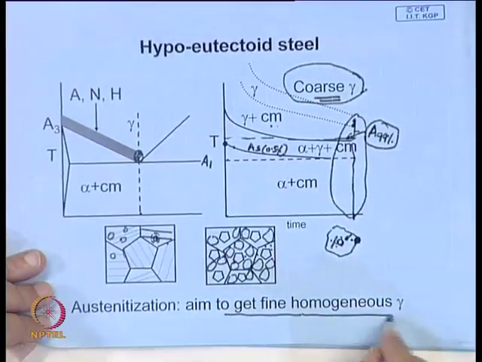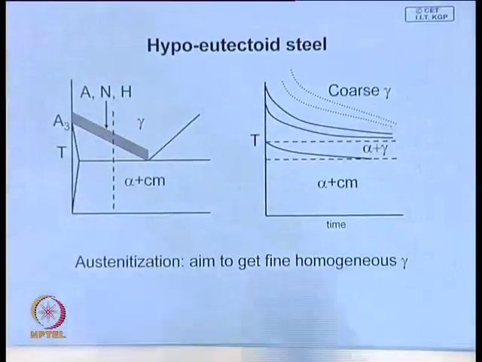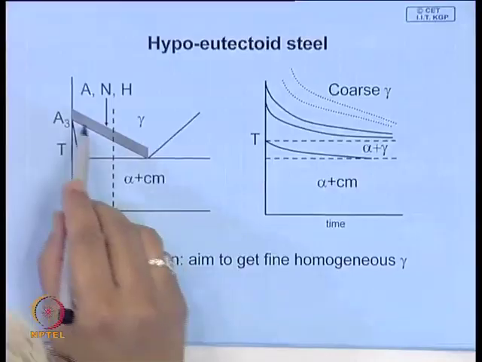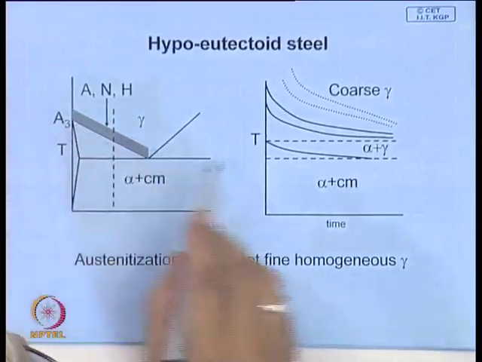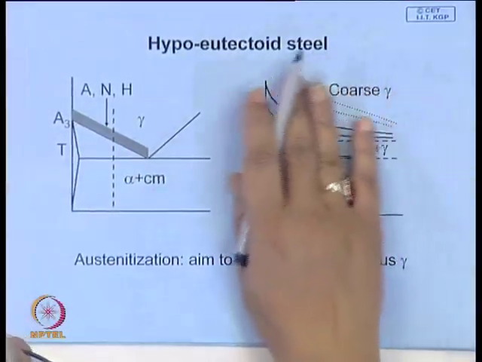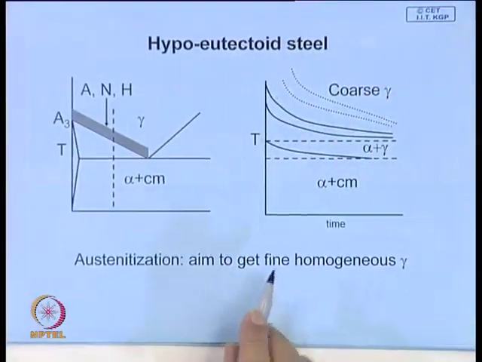The aim of the process of austenitization is to get fine, homogeneous austenite, and this process will be exactly the same irrespective of the composition of the steel. The only difference that may come up is that the temperature of austenitization may differ, like for hypoeutectoid steel this is the temperature, and here again a similar transformation diagram one can visualize.